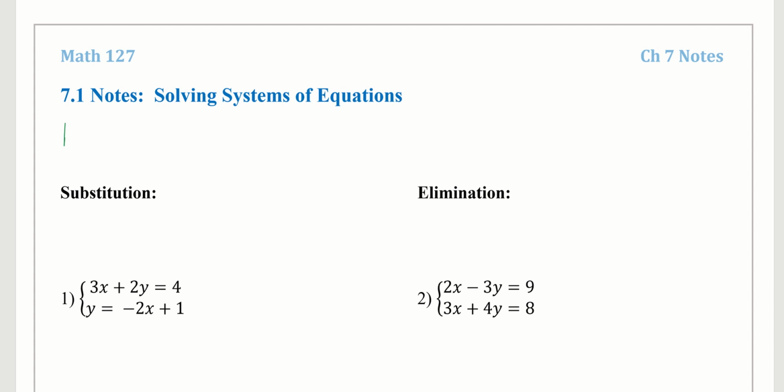There's a few ways to solve these systems: substitution, elimination, and you can also do it by graphing. I just want to mention it. This is actually my least favorite, but you can definitely graph both equations and see where they intersect.